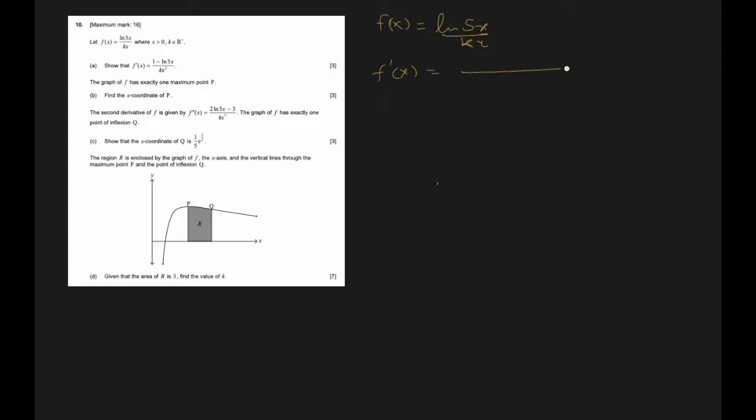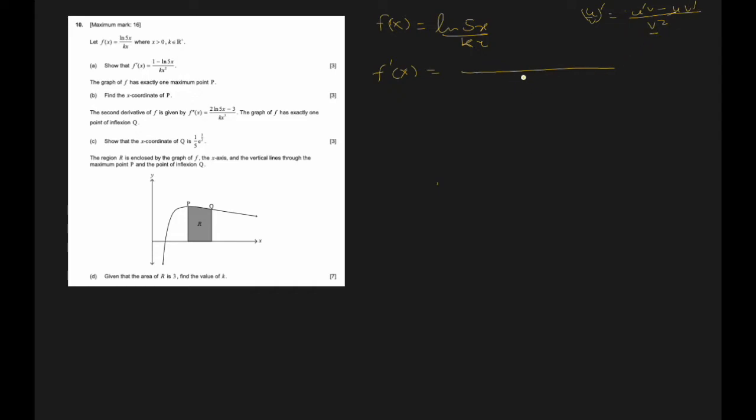In the quotient rule, if you remember, (u over v) prime is (u prime v minus u v prime) over v square. Yeah, that's what we're going to do.